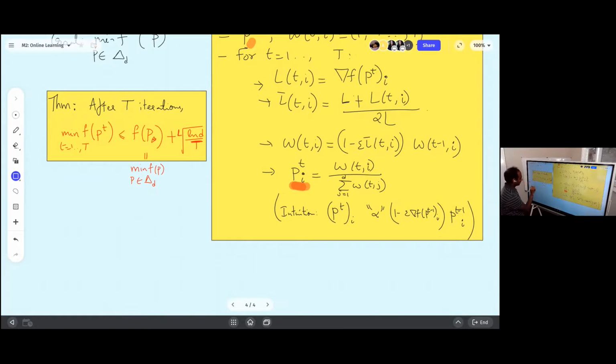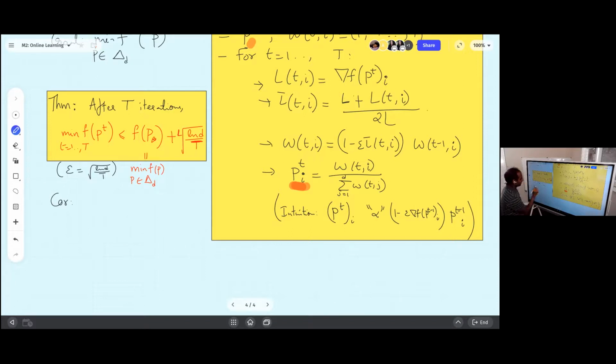As a corollary, here we are going to set epsilon to be something like the square root of ln d divided by T. The step size should be something like that.